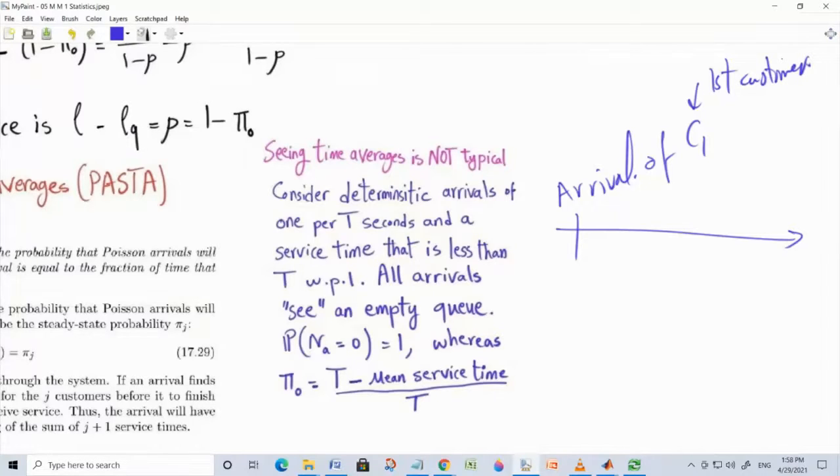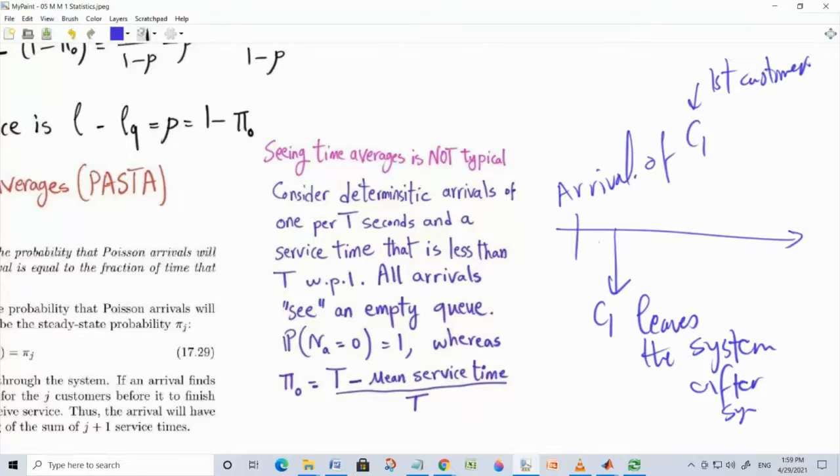Now, according to our model, this customer will be served, and the assumption is that if the server is idle and a customer arrives, the server immediately starts providing the service. So here's an arrival, there will be a service time, and then C1 leaves the system after service.